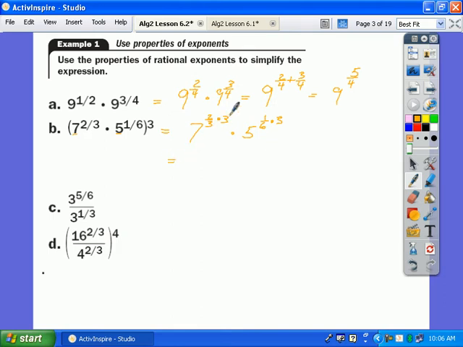And this first one, the 3's cancel out, and this leaves me just 7 squared. And in the second piece, this is going to give me 3/6 power. So this will be 5 to the 1/2 power.